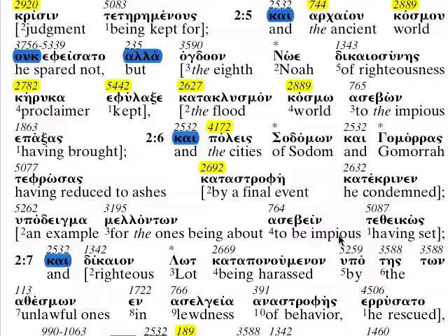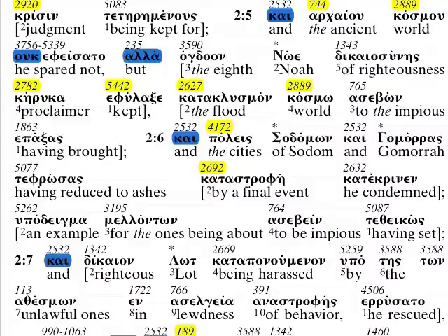So he's switching over now from Noah and the flood and how they were destroyed, into Sodom and Gomorrah, how they were condemned by the catastrophe, the final event.